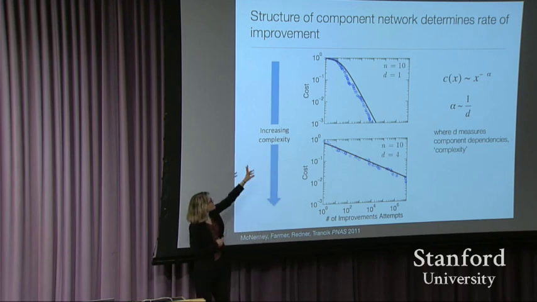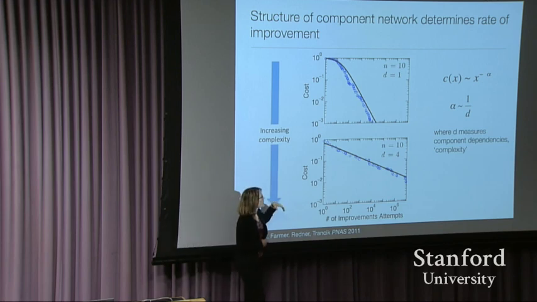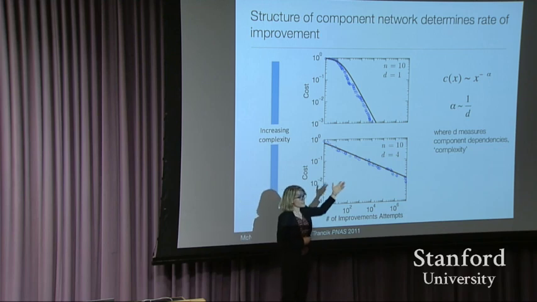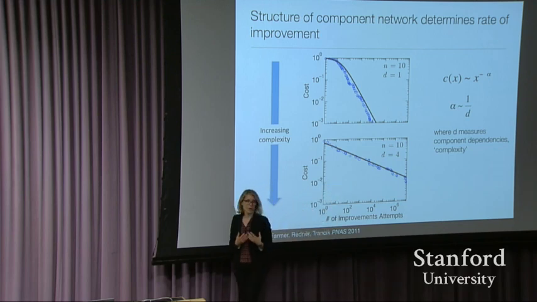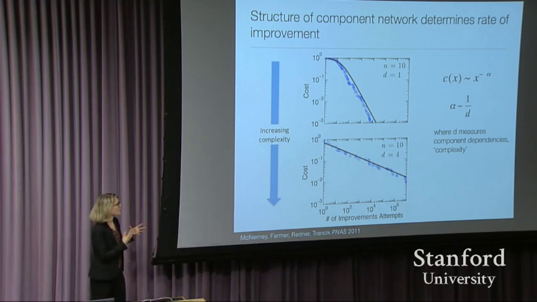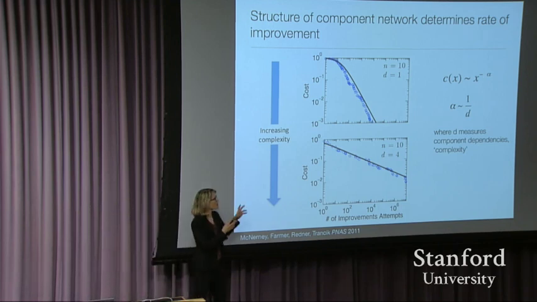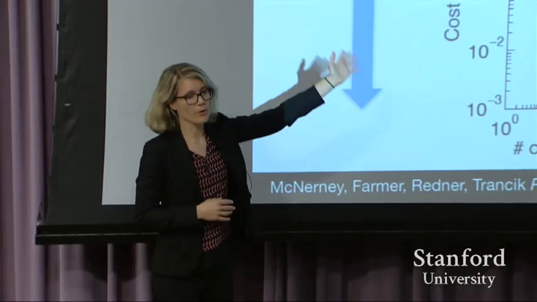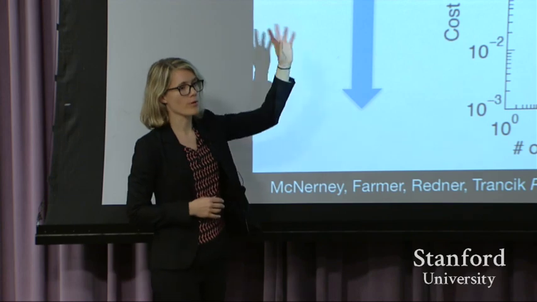The other thing is that we see that the slope depends on the number and the nature of dependencies between components. So if you have a technology where the components are more dependent on one another, then you have slower improvement, whereas if you have a more modular technology, you have faster improvement based on the simulation.